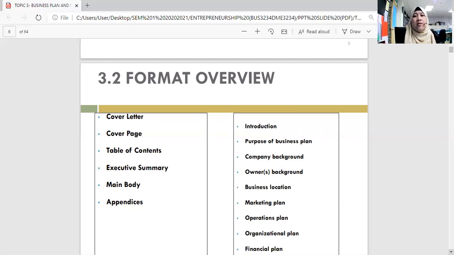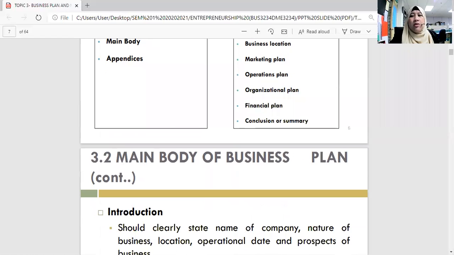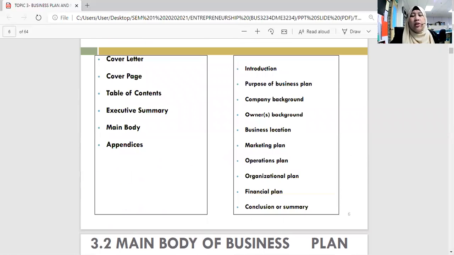And then the executive summary is mostly only a quarter or maybe half a page. And then the main body, which we will look at after this, and then appendices. In the main body, what a business plan basically has is the introduction and purpose of the business plan, company background, and owner backgrounds.